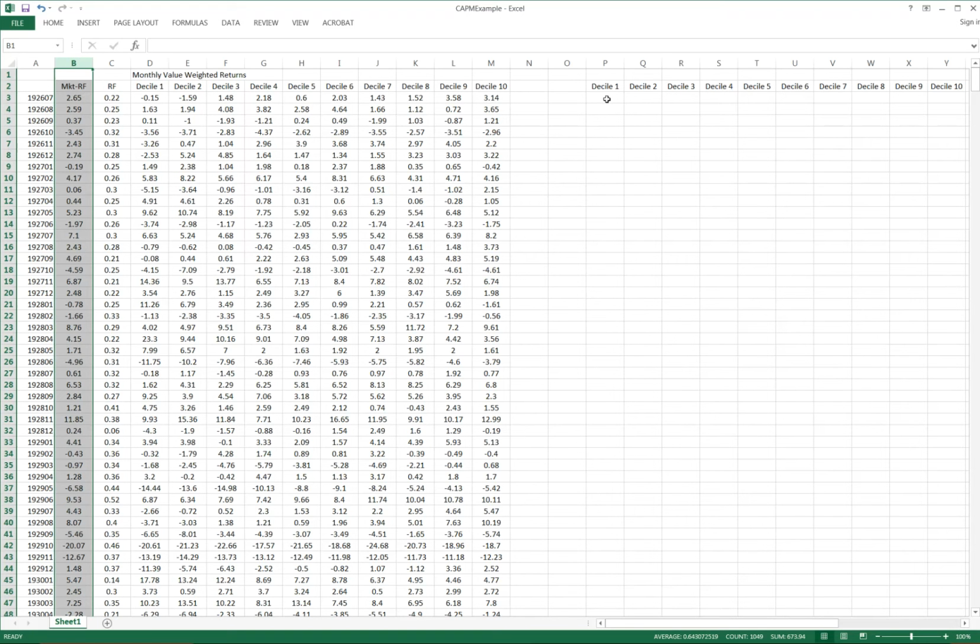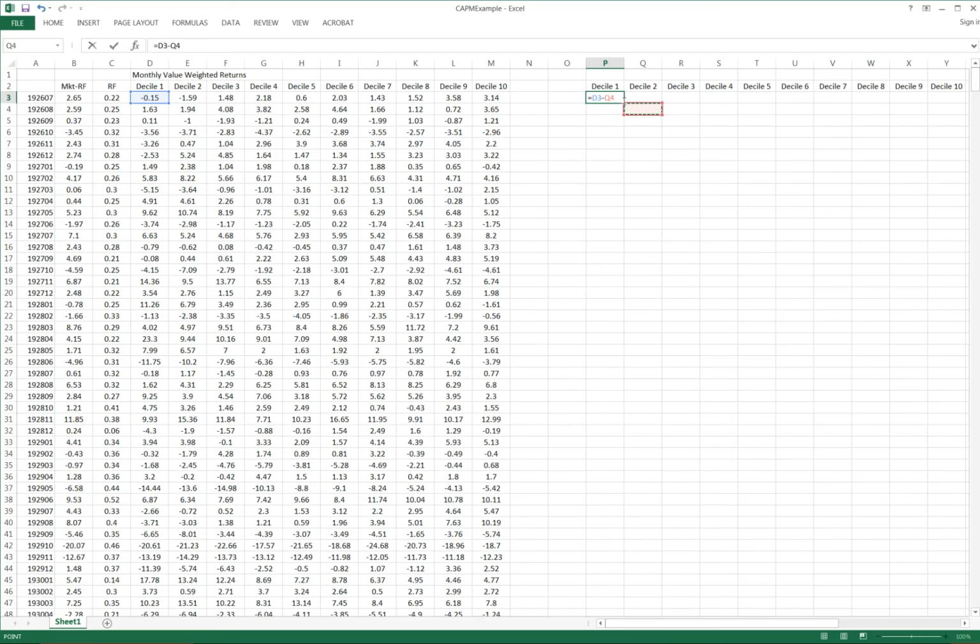To start with, I'm going to create excess returns on my decile portfolios. These are the risk premium. To do that, I will simply take the return on the portfolio minus the risk-free rate. Throw some dollar signs in there so I can copy it over and then copy it down.